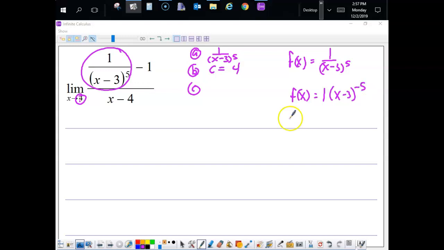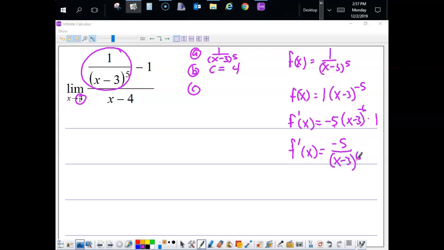And what we're going to do to find our derivative is the chain rule. So we're going to multiply the negative 5 to the front. We're going to take 1 off of the power. And then we multiply it by the derivative of the inside, but that's just 1, so it doesn't really matter. And therefore, if we want to rewrite our derivative in a more normal-looking form, we have negative 5 times 1 on the top, and on the bottom we have the binomial now to the 6th power.